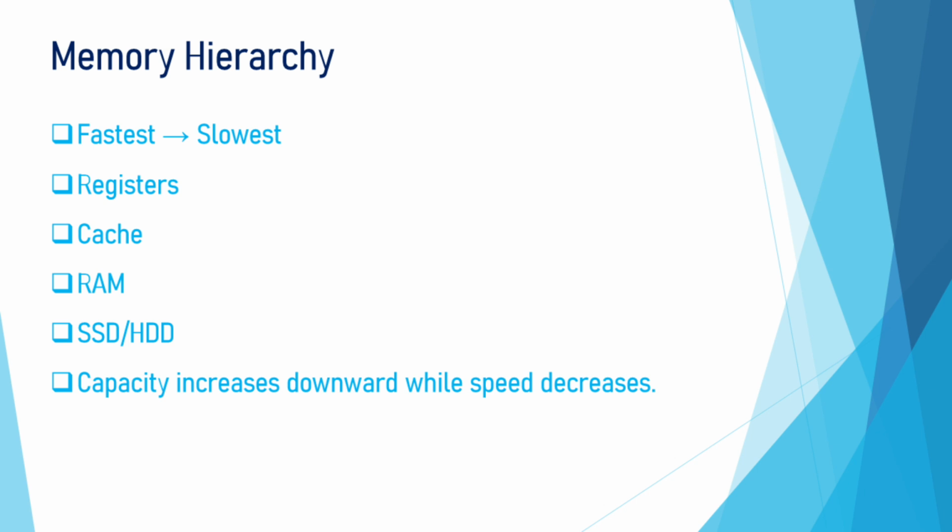This is why registers are the fastest but smallest, while hard disks are the slowest but can store huge amounts of data. We'll see what registers are in the coming classes. The registers are at the top and they are the fastest but can store very little data.